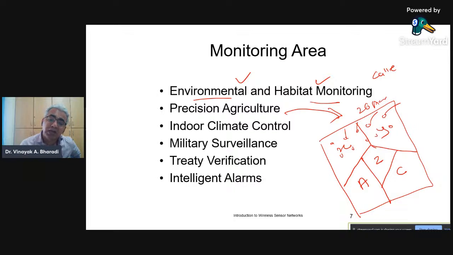Beyond that, you can monitor how much water, using these wireless sensor devices, and the soil temperature and soil humidity, and then as per that everything can be automated. So clustering is there, then soil moisture content, air moisture content, air temperature, everything.